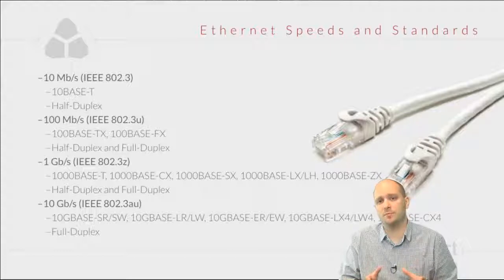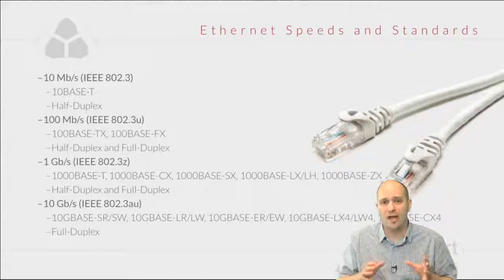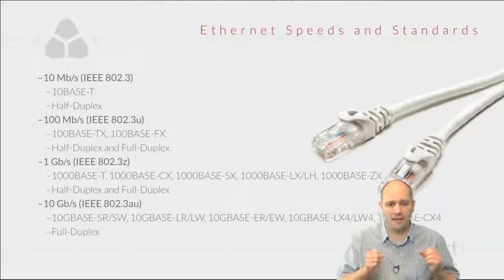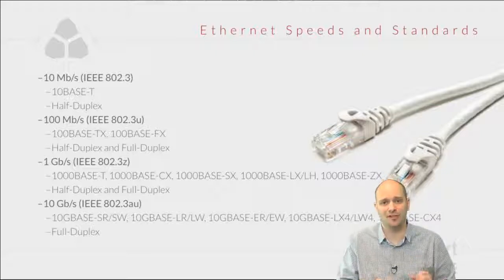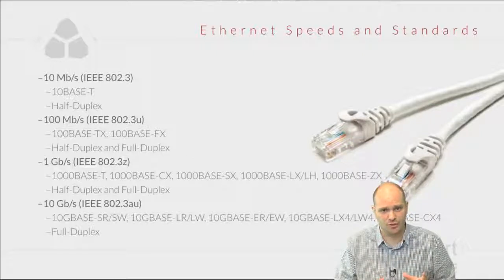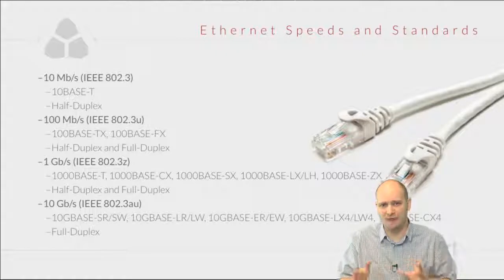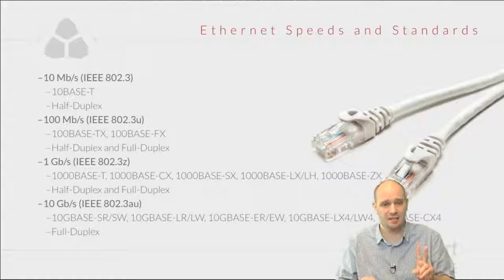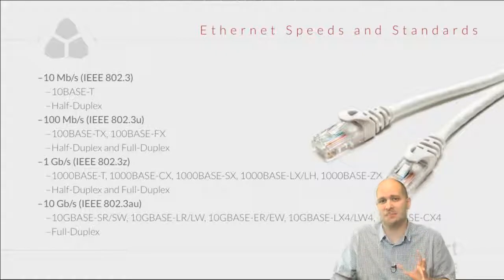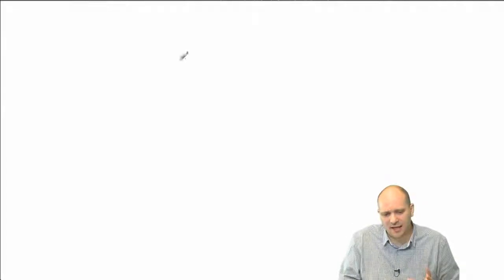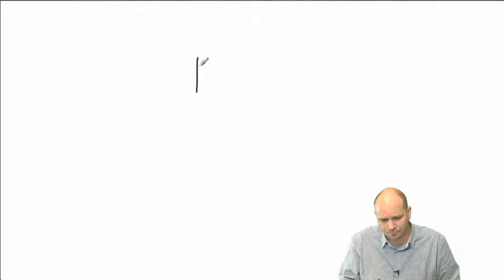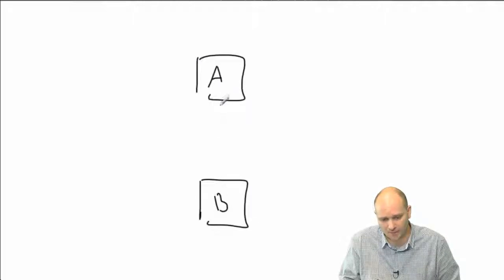In 100 megabit per second Ethernet, we do actually have the capability to negotiate half duplex or full duplex transmission. Now, I mentioned half duplex and full duplex twice so far. Let me explain it a little bit. So, what happens if on a network segment we have only 2 devices that are connected?